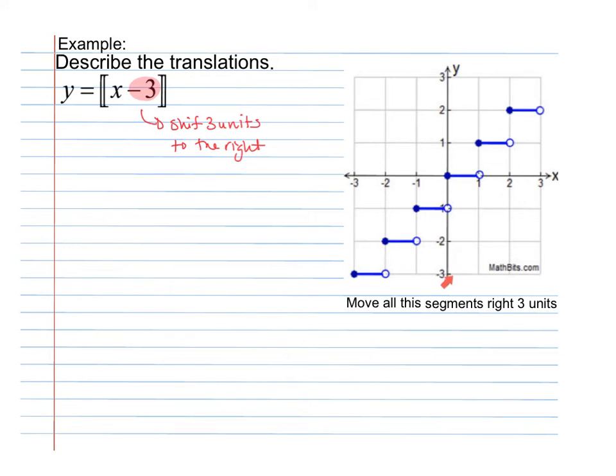That means it would be right here, closed, and then open. And the same thing here. It would be 1, 2, 3. And then just keep going from that pattern. And that's our step function that is shifted 3 units to the right.